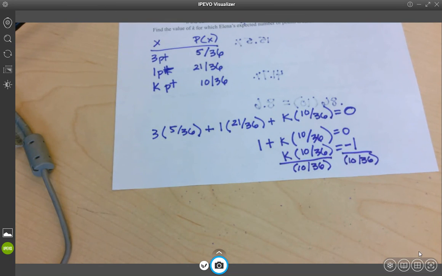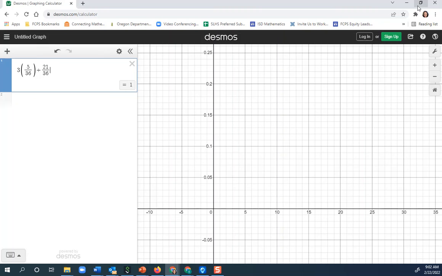So I'm going to take a minute now and do that calculation. Negative 1 divided by, and then in parentheses, 10 over 36. And then close those parentheses, and I get negative 3.6. Did you guys get that? All right, so k has to equal negative 3.6.